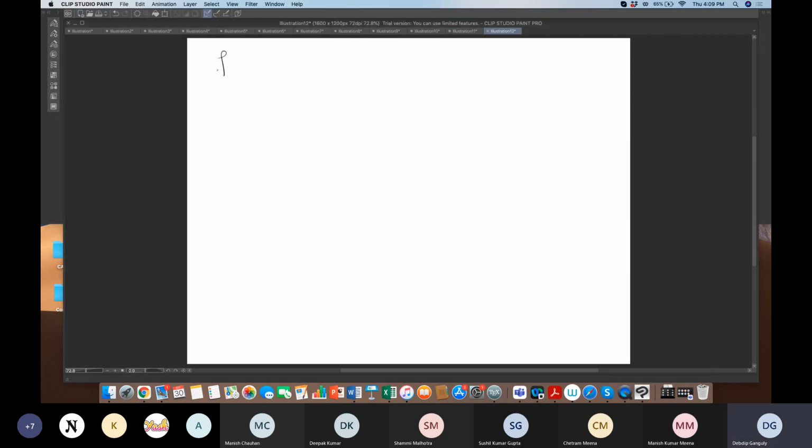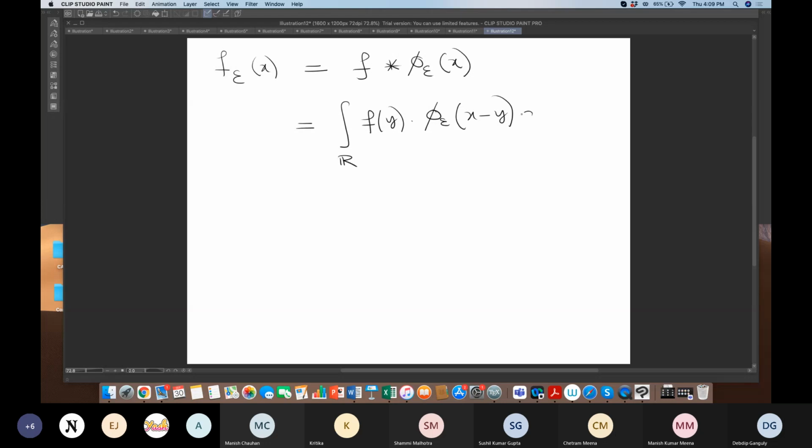So what is f epsilon? F epsilon at x is f convolved with phi epsilon at x. This is the integral over R of f of y phi epsilon of x minus y dy. This is the definition of convolution. And what is the definition of phi epsilon?